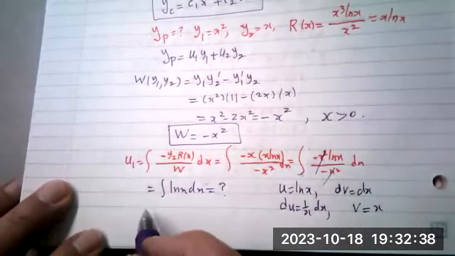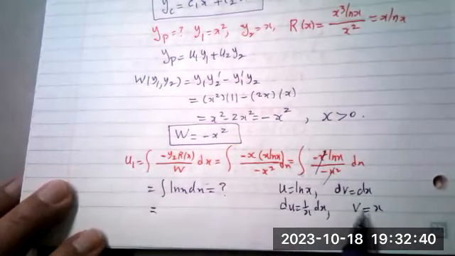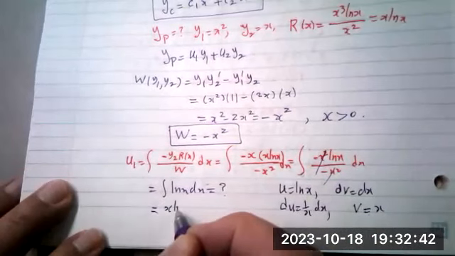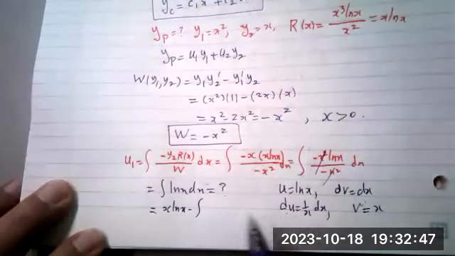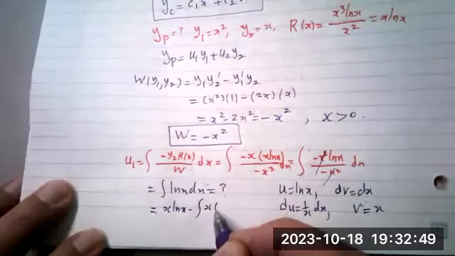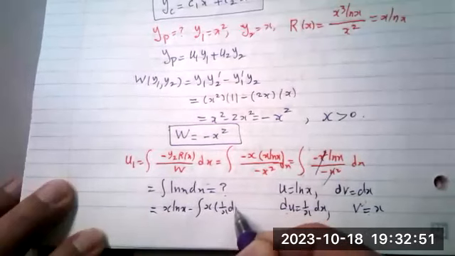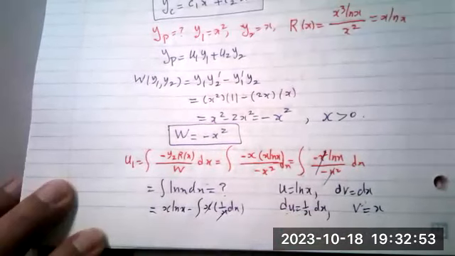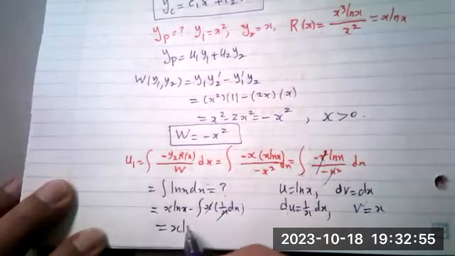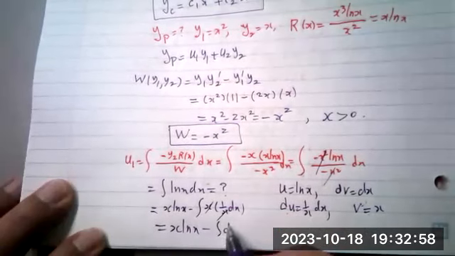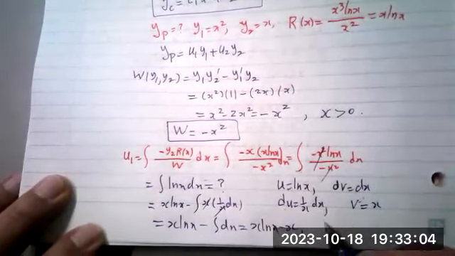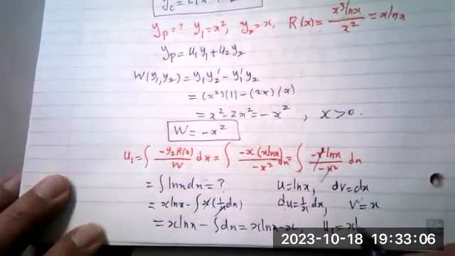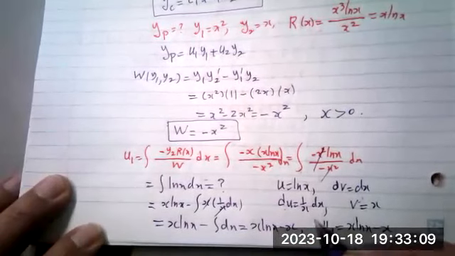So if you put them together, uv would be x ln x minus integral of v du. V is x, du is 1 over x dx. So this would cancel out. You get x ln x minus integral of dx, which is x ln x minus x. So this would be your u1. So the u1 is x ln x minus x.